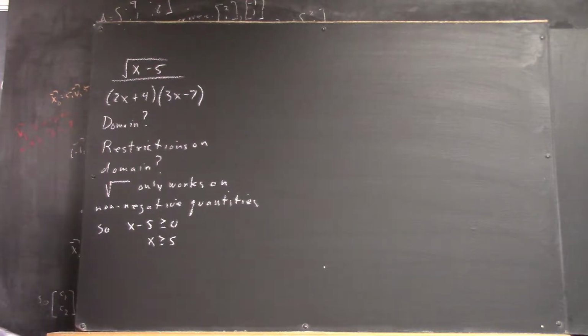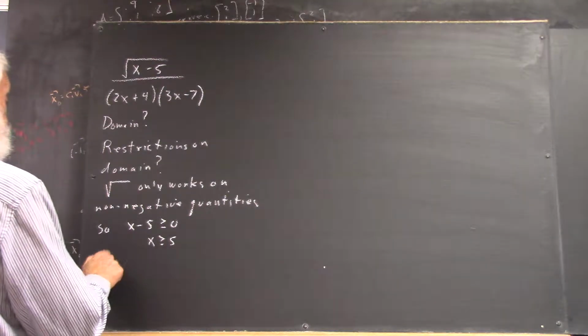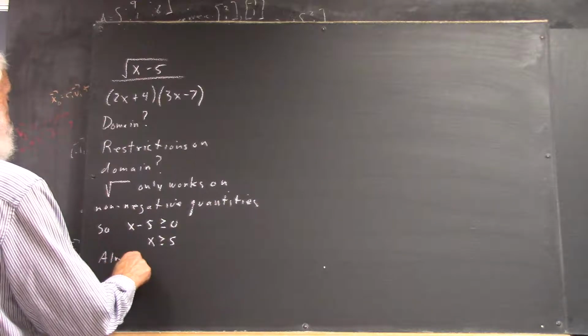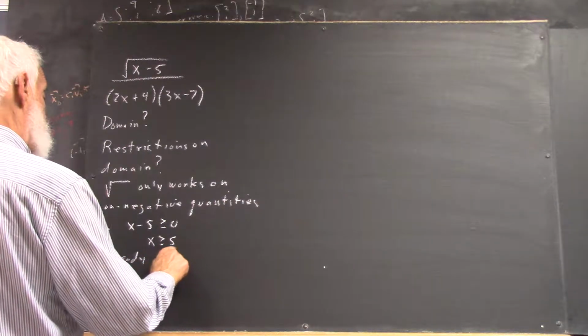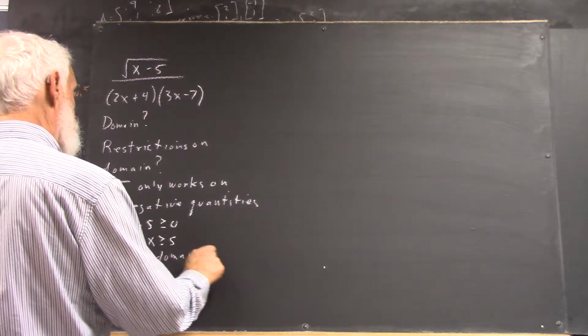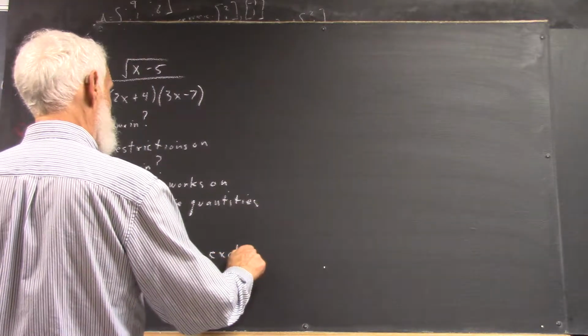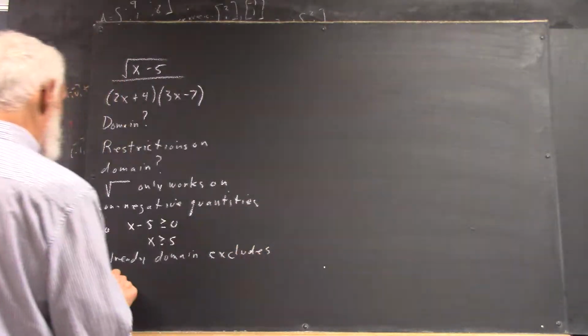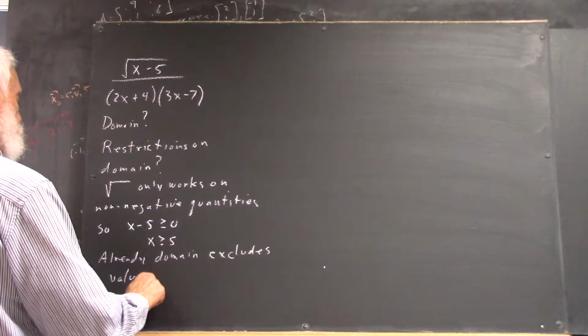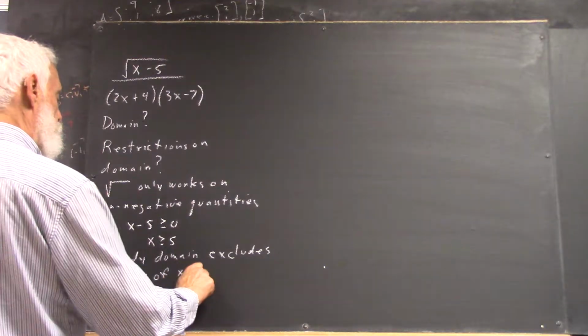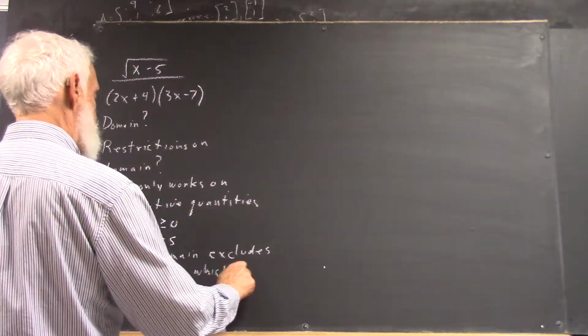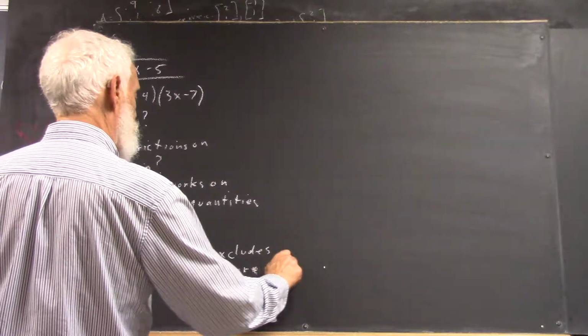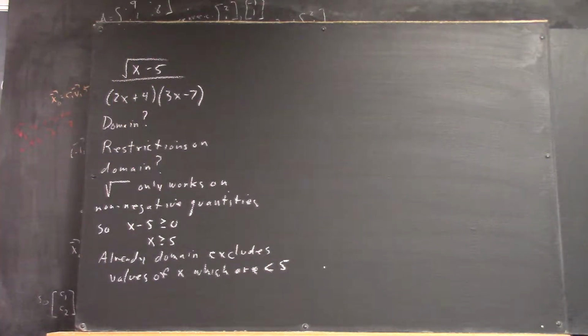So the domain excludes values of x which are less than 5, right? Okay?